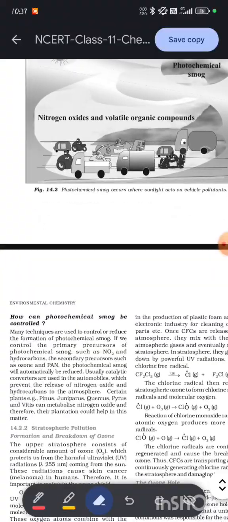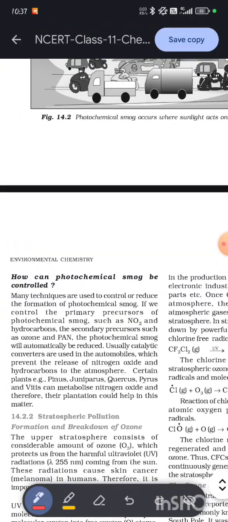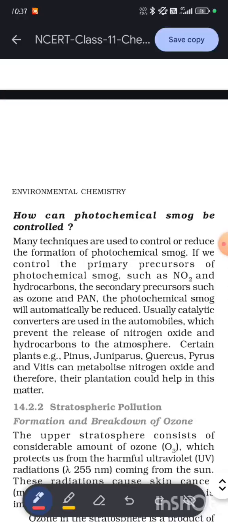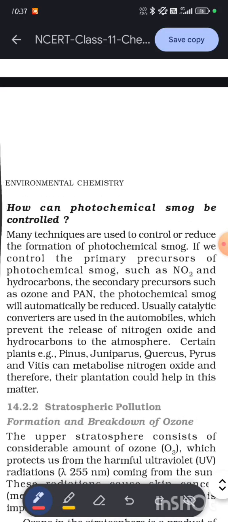Then the next topic is how can photochemical smog be controlled? Many techniques are used to control or reduce the formation of photochemical smog. If we control the primary precursors of photochemical smog such as NO2 and hydrocarbons, the secondary precursors such as ozone and PAN, the photochemical smog will automatically be reduced.